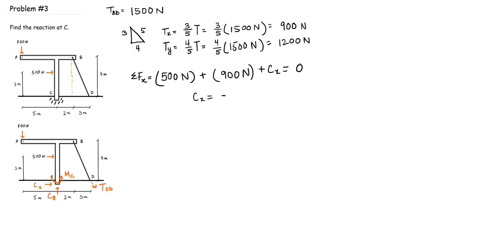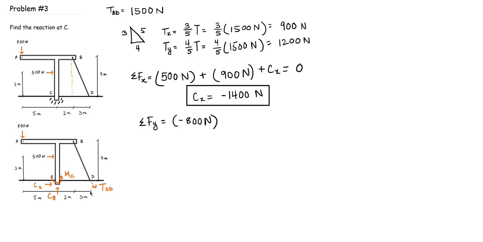Solving for C of x, that's equal to minus 1400 newtons. And the sum of the forces in the y direction is equal to minus 800 newtons minus the y component of the tension BD, which is equal to 1200 newtons, plus C of y, which is equal to 0. So C of y is equal to 2000 newtons.